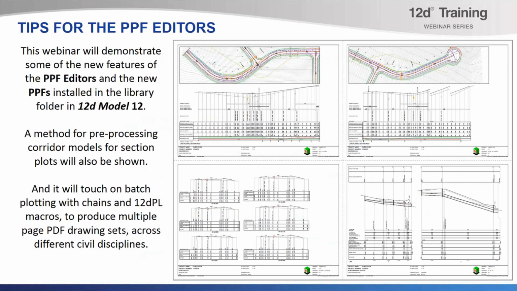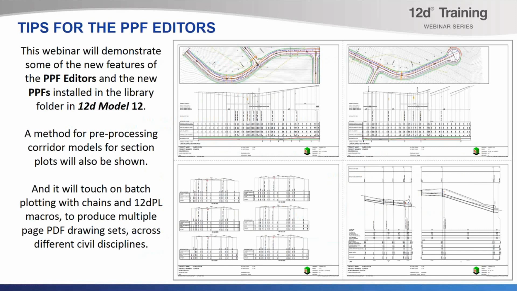And anyone who's done any kind of service coordination job in civil design knows how hairy that can be. You're getting data from a lot of different sources, and my recommendation is to pre-process that and get it more manageable so that it makes the job of setting up plot parameter files to plot this stuff a whole lot easier. So I'll be showing that as well.